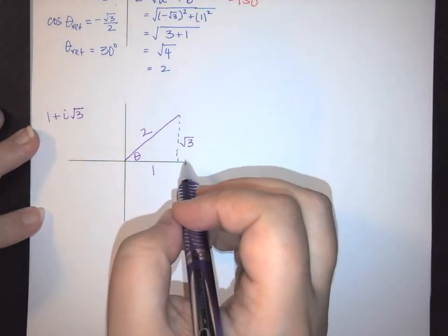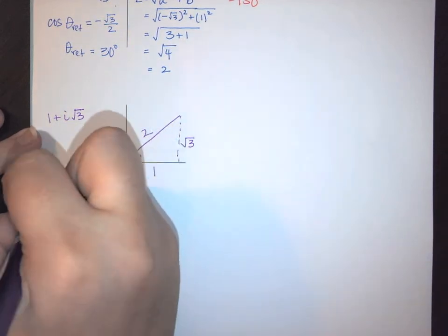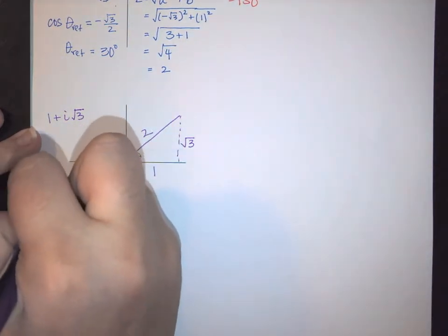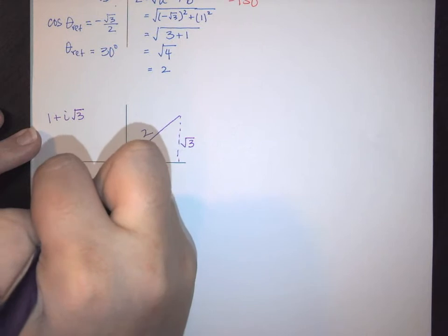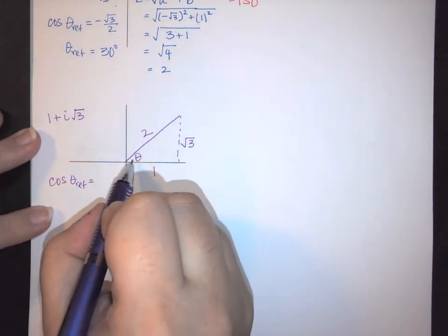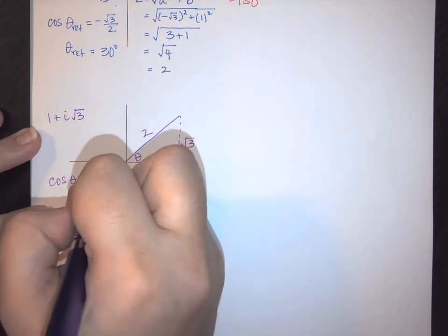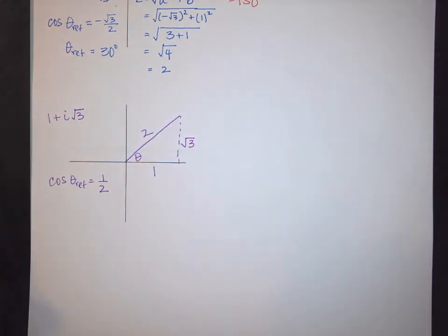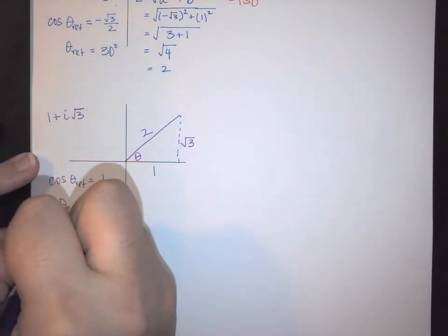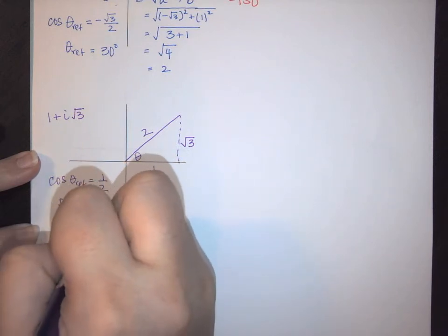So, just like before, we have to find that reference angle. We have the cosine of my reference, and cosine is adjacent over hypotenuse, so this is going to be 1/2. If we look at that, that tells us that my reference angle is actually going to be 60 degrees.